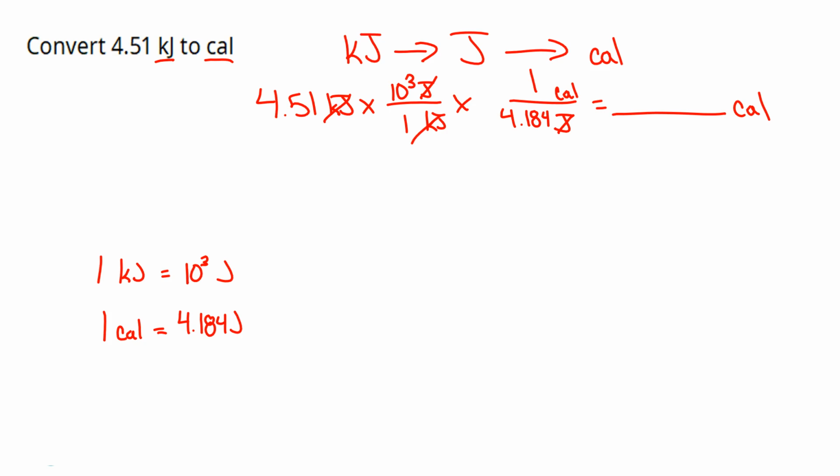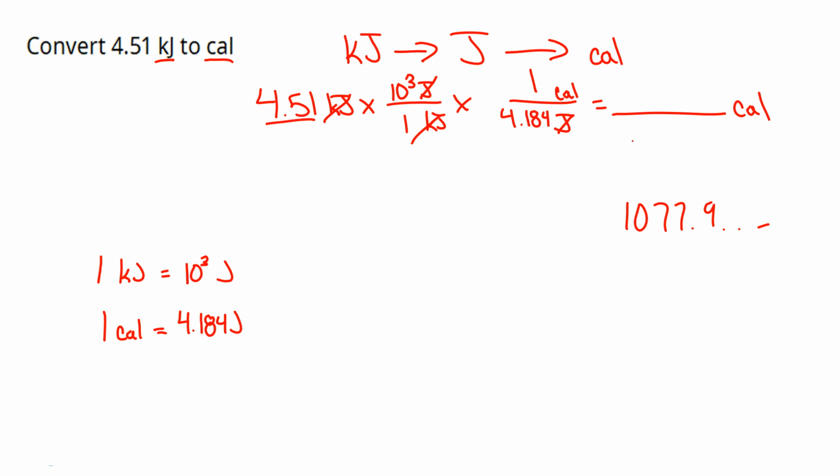Can anybody tell me, when we plug this into the calculator, what do we get? 1077.9 something, right? Now, based on my given, how many sig figs can my answer have? 3. So I can only have 3 sig figs in my answer.